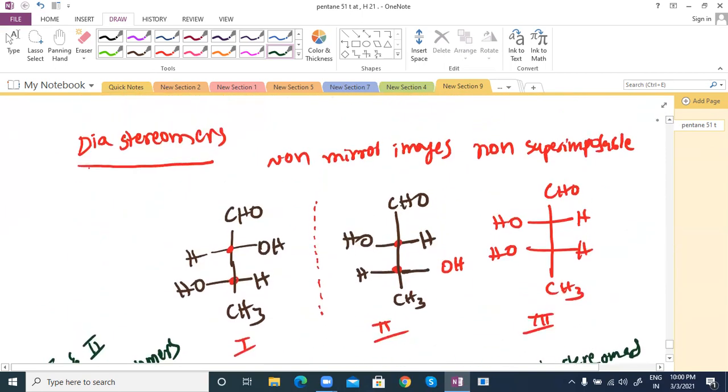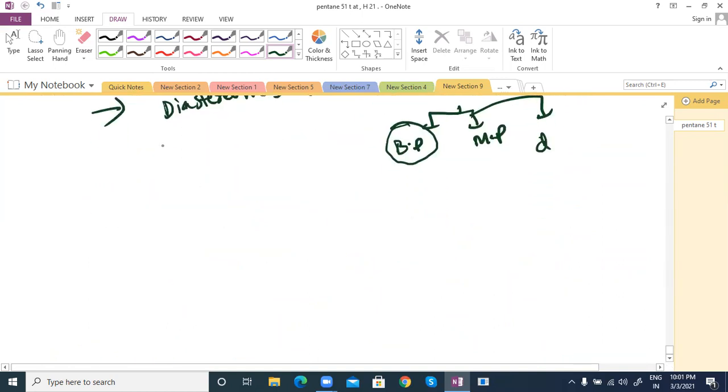Diastereomers may be optically active, sometimes inactive also. But enantiomers are always optically active. I'm giving a list of diastereomers. You may have doubts about how that can be optically inactive; I'm going to answer that question.